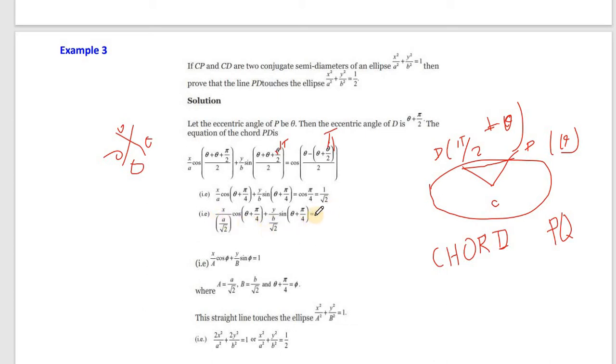For the sake of convenience, we divide throughout by 1 by root 2, so that this will be a by root 2, take it as some capital A, and the other one, b by root 2, take it as capital B, so that you will have it in this form.